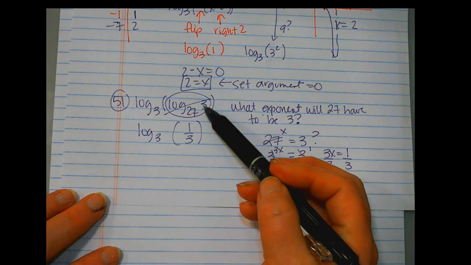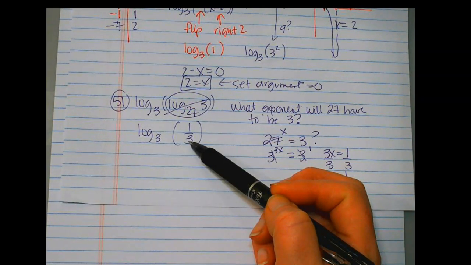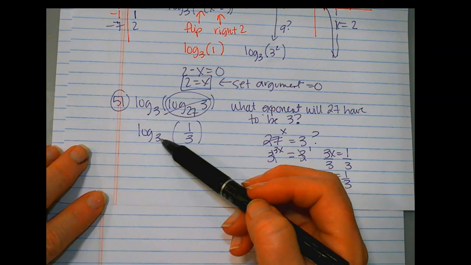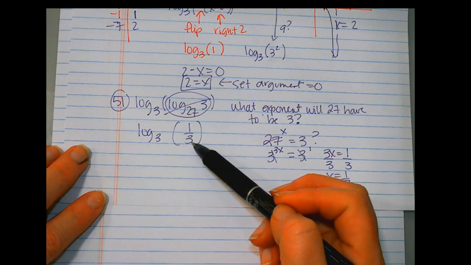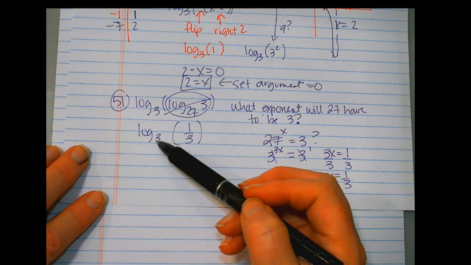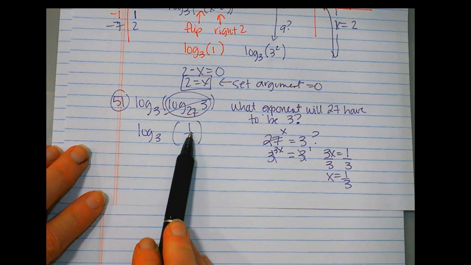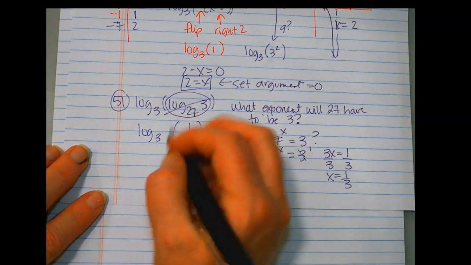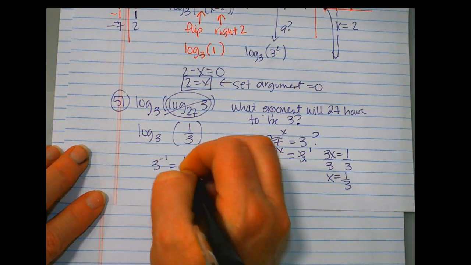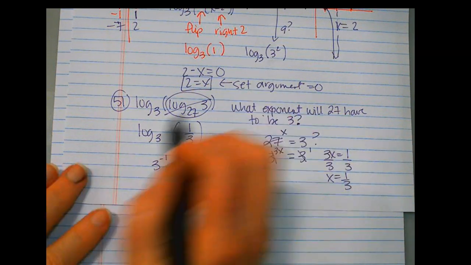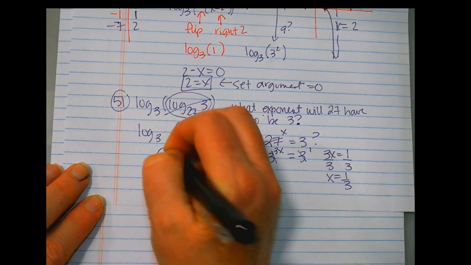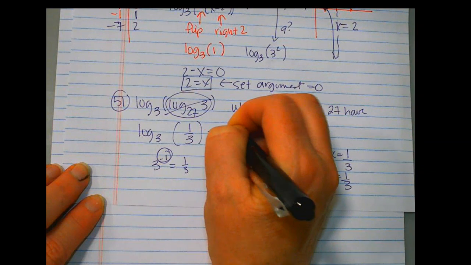So we did this part and we got 1/3. The rest of it is, can you now make the base of 3 into 1/3? What exponent do you give 3 to make it 1/3? Logarithms are exponents. So if it was 3 to the -1, that would be 1/3. So the answer is -1.